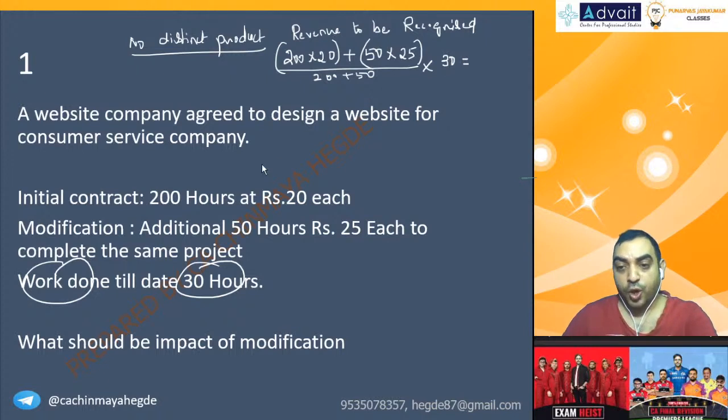Can you calculate this and tell me how much you get? I think you get 21 multiplied by 30, 630.